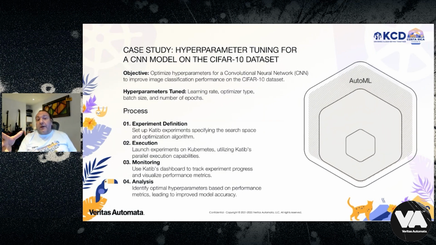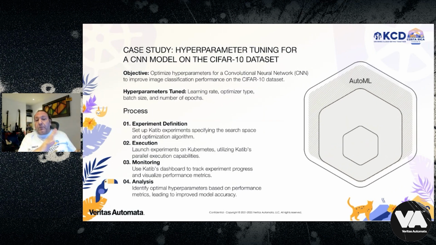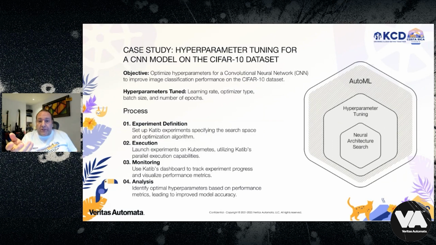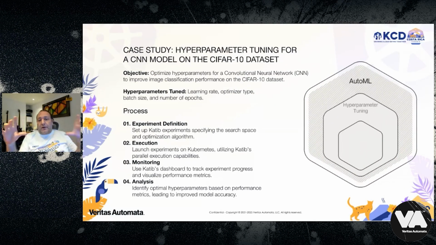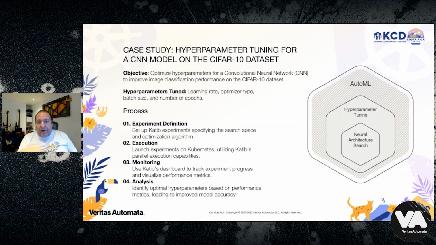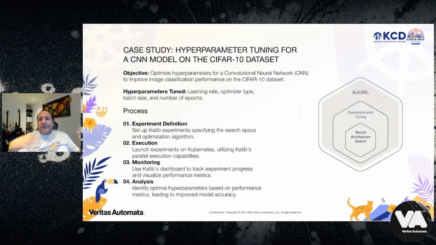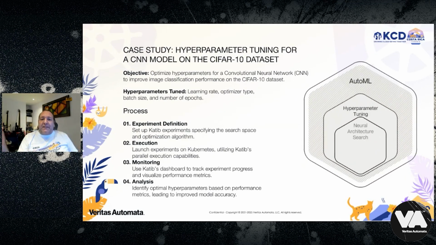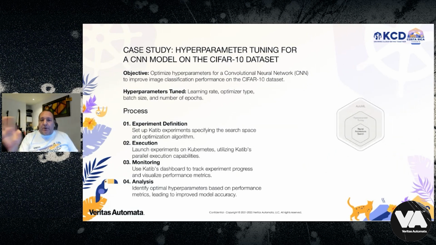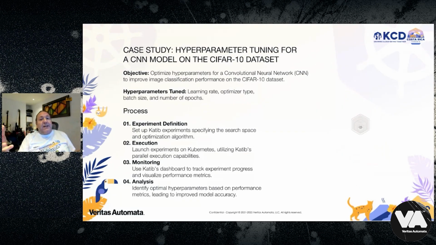Then you will have the monitoring part, that is how Katib will give you the ability to see the results. Generally, it will be in a chart with curves and a lot of considerations, and a final report, or also a report that is constantly being updated with values depending on the current status of the research, and at the end, the analysis.